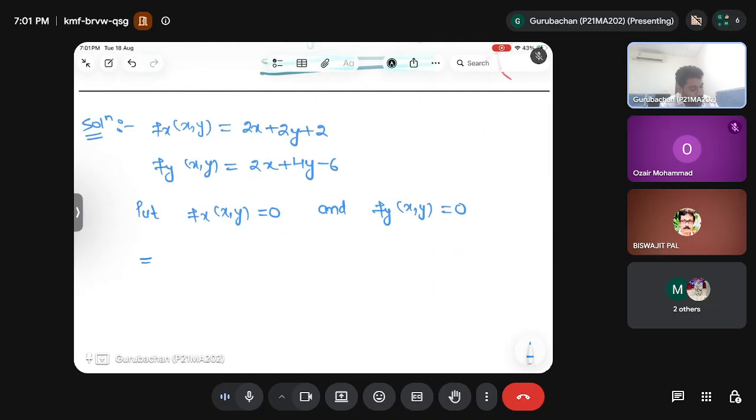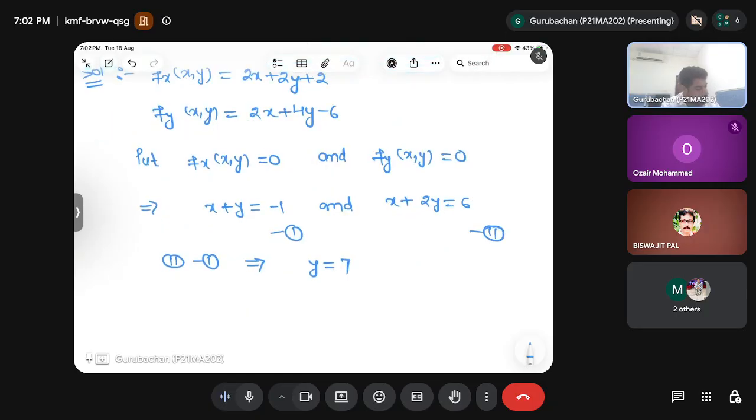This implies x plus y is equal to minus 1, and from the other equation, x plus 2y is equal to 6. So from 1 and 2, you subtract, then you will get y is equal to 7, sorry, here it will be 3. Actually y is equal to 4, and obviously by 1 your x will be minus 5.